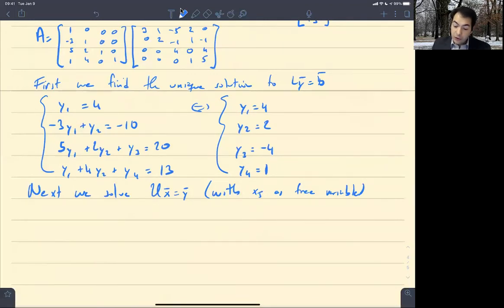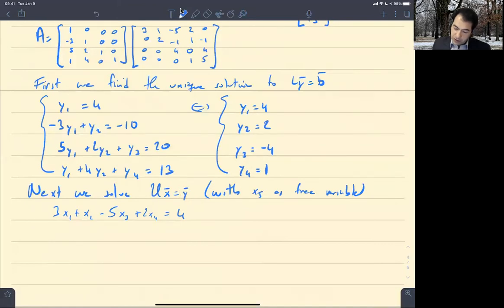Okay, so let's just translate this into a system. So this is 3x1 plus x2 minus 5x3 plus 2x4 is equal to what? 4. So now my right-hand side is going to be over here, like Ux equal to y.